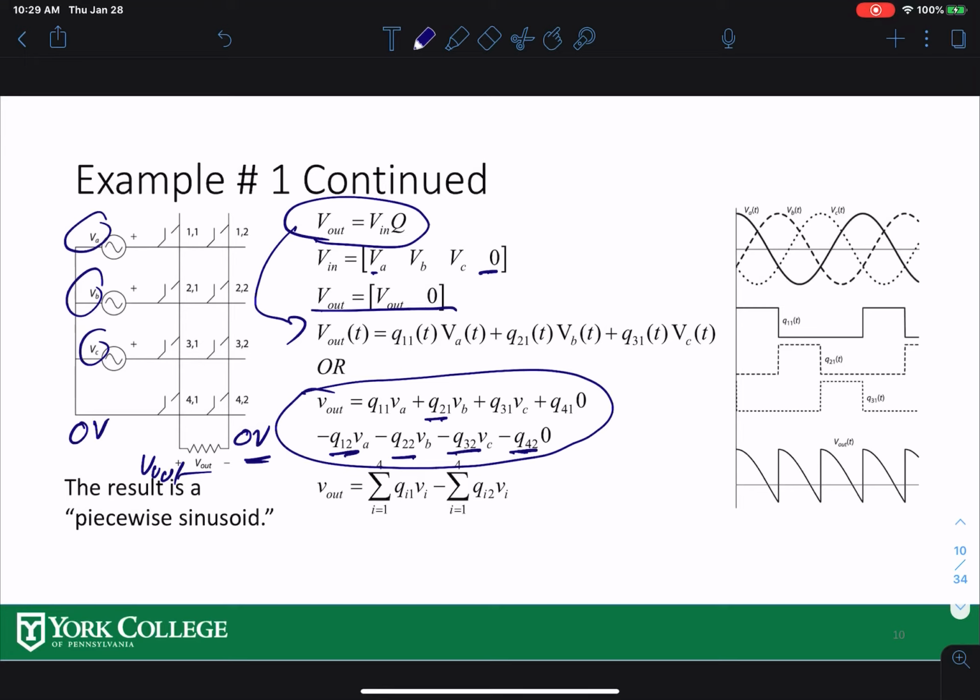Also this one is 0, so I have only these 3 here, right? That's basically right here. So from this general one, V out is first row minus second row and so on. So now this is your input over here.